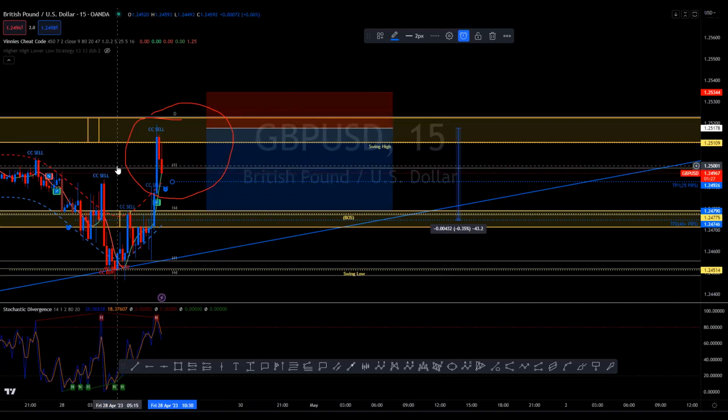So the price is really pushing down now. There we go. So what I'm going to do is trail this stop loss. If price pushes down past this point, I'm going to trail it. See if it pushes past this point.